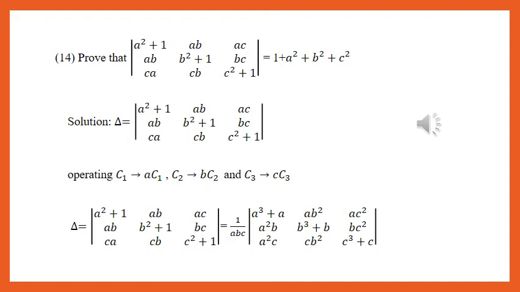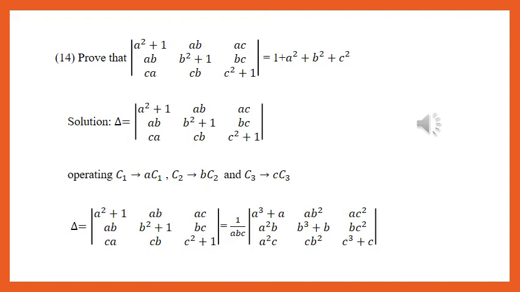Now this sum we do one special way. Here what we do is we will multiply column 1 by a, column 2 by b and column 3 by c. But we cannot do simply multiplying.